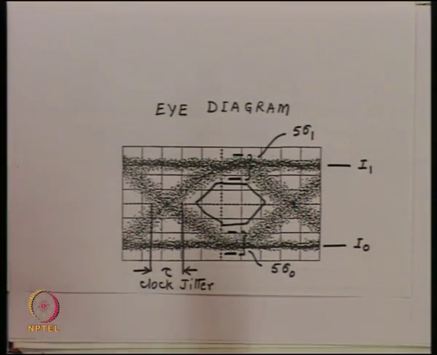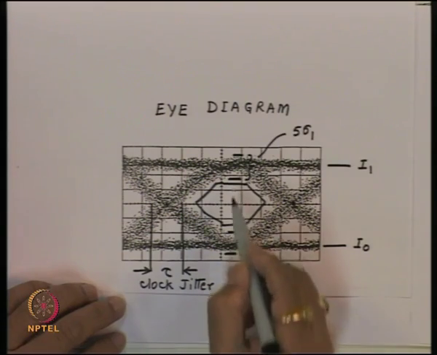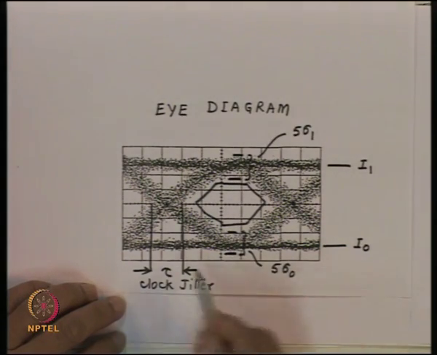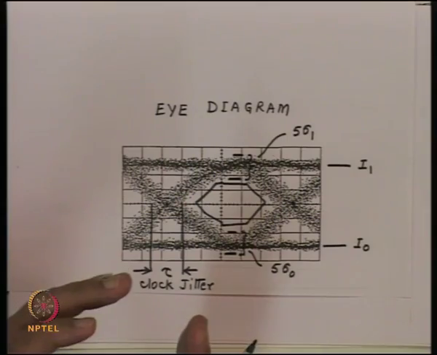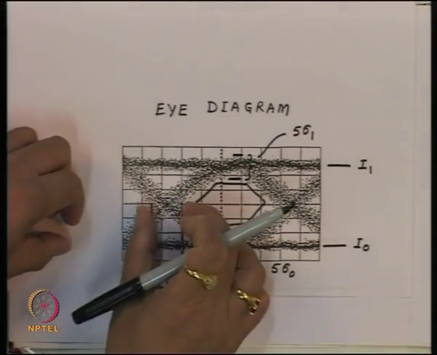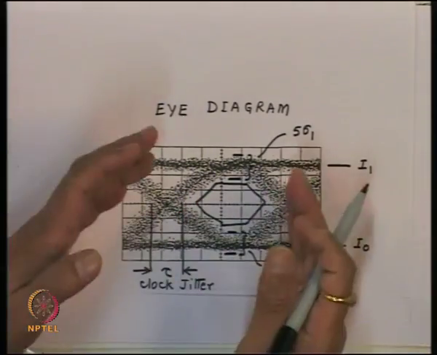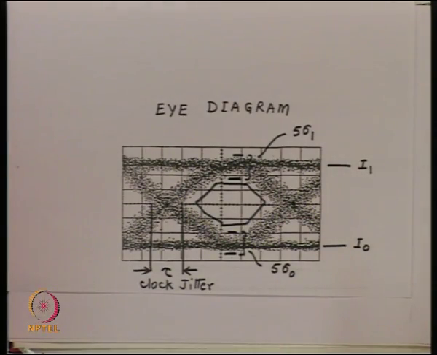So, essentially the eye diagram gives two parameters. One is the signal to noise ratio, which is related to the bit error rate, and also it gives you the clock jitter, because the clock jitter tells me how precise my sampling point should be. Ideally the sampling point should be in the middle, but if the clock jitter increases, then this region becomes wider, and because of that the eye starts closing horizontally.